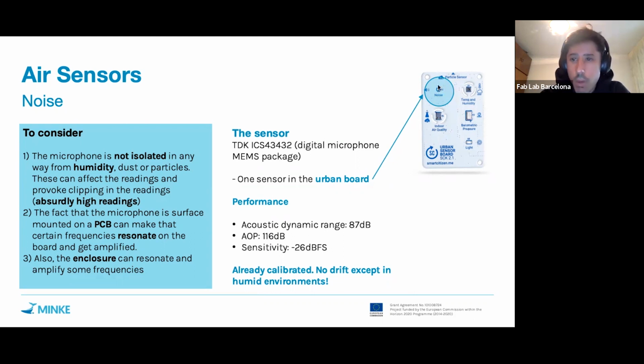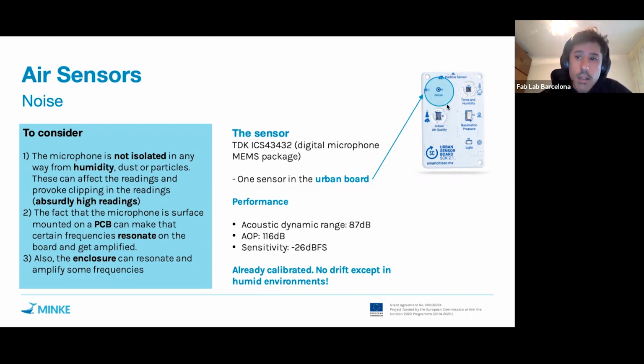So we perform tests to calibrate the microphone and the frequency response of the whole system. But obviously, sound is a very tricky thing to measure. Since the sensor is a low-cost one and is not located inside a professional microphone, certain frequencies can resonate in the electronics board. So we can make the electronics board vibrate, and the same with the enclosure.